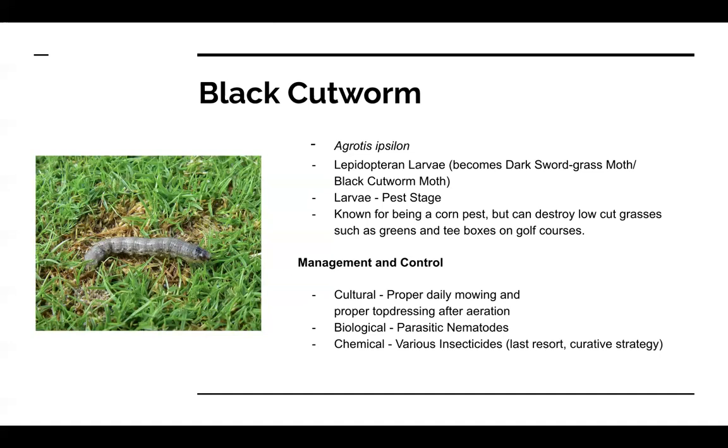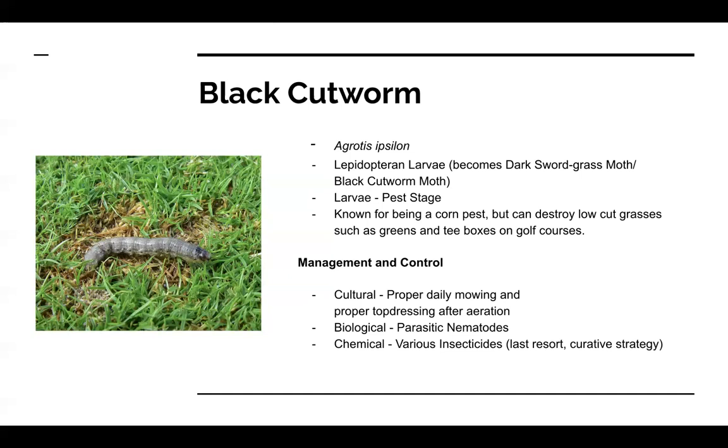First is cultural, so proper daily mowing. What's interesting about the black cutworm moth is that it actually lays its eggs one at a time on the tips of grass blades, versus when it lays its eggs in corn, it lays them in clusters. Not really sure why that is.